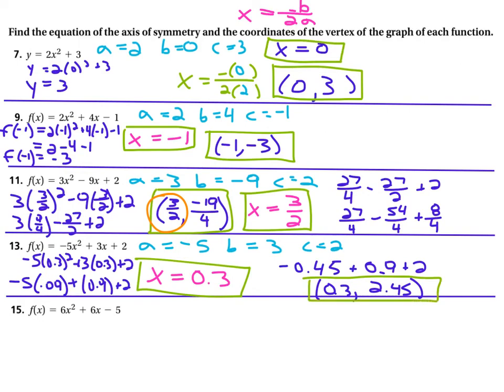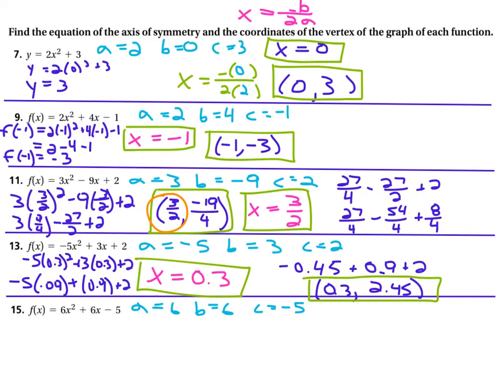Okay? And one more. Excuse me, I have a tickle in my throat. Let's do it again. The a value is 6. The b value is 6. And the c value is negative 5. Not that we need it.